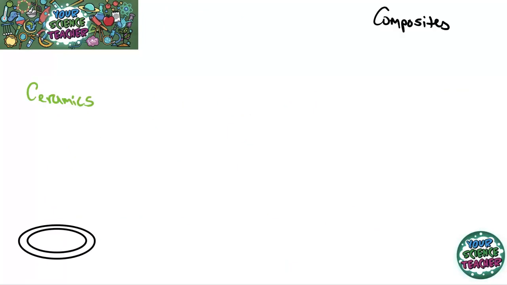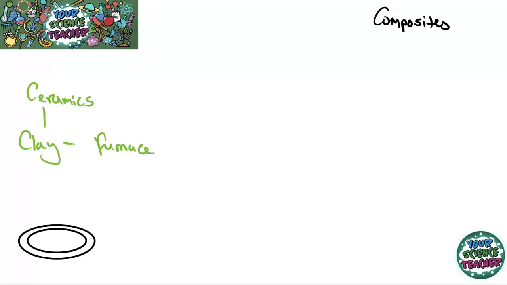We're now going to look at a couple of different types of materials. We're going to focus first on ceramics. And ceramics are made by putting clay into a furnace and heating it up to a really high temperature. In its pure form, when you add water to clay, it's really easy to mold.